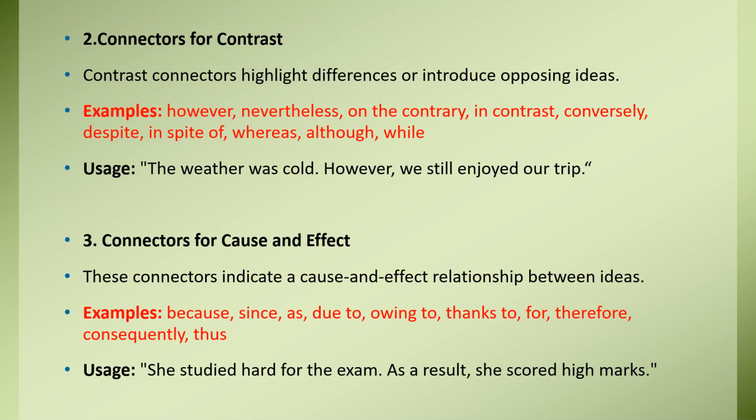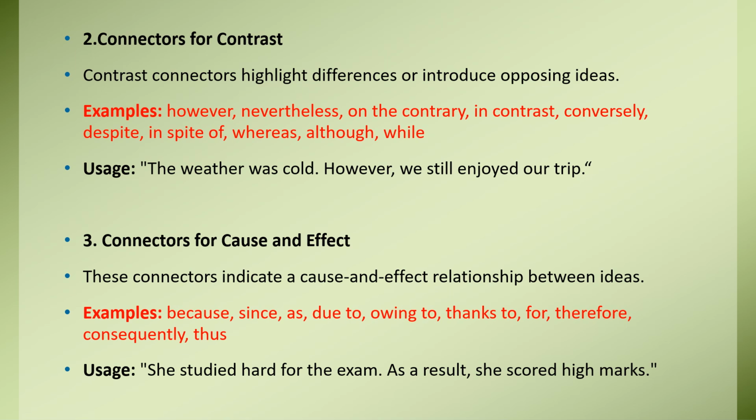Next we have connectors for contrast. Contrast means when we are presenting our idea in an opposing view, right? So contrast connectors highlight differences or introduce opposing ideas. For example, however, nevertheless, on the contrary, in contrast, conversely, despite, in spite of, whereas, although, while.